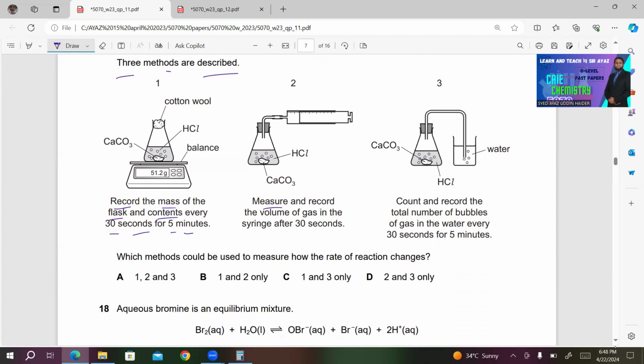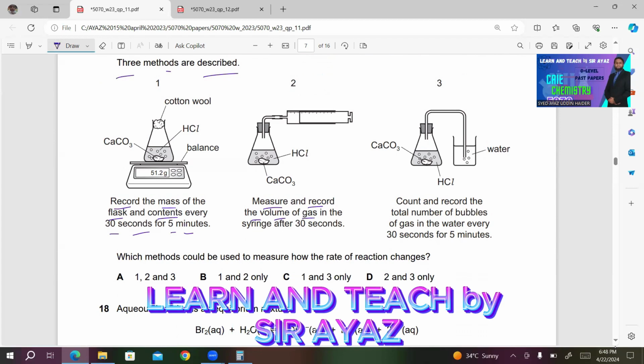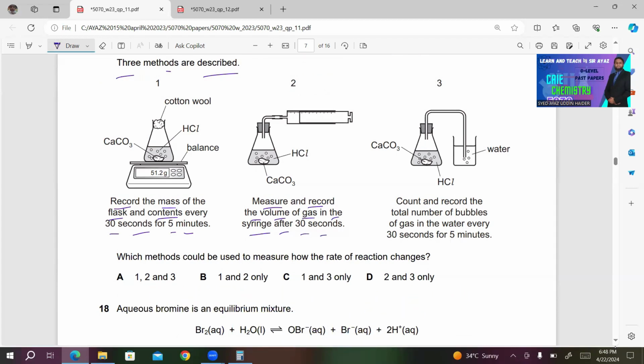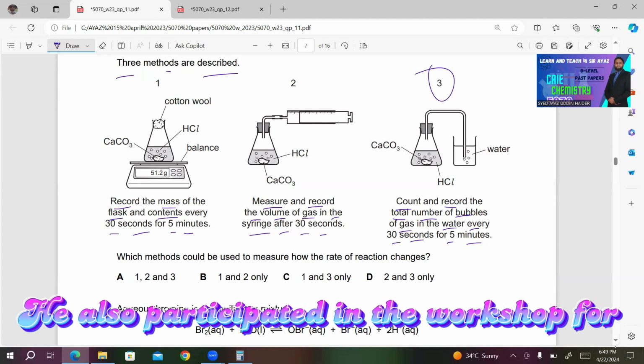Number 2, measure and record the volume of gas in the syringe after 30 seconds. Number 3, count and record the total number of bubbles of gas in water every 30 seconds for 5 minutes. This doesn't make any sense, but the choice is there. Which methods could be used to measure how the rate of reaction changes?